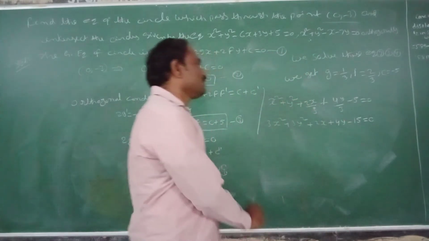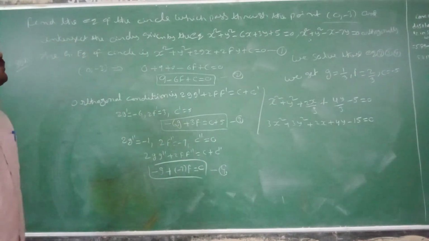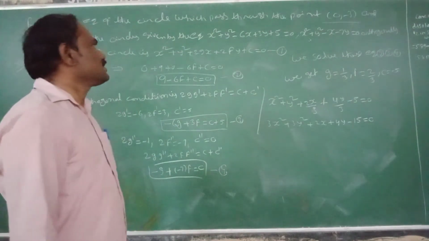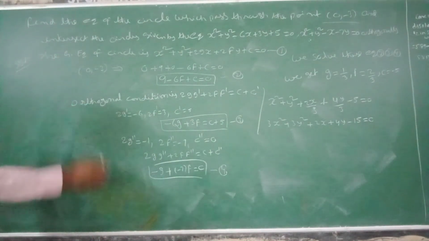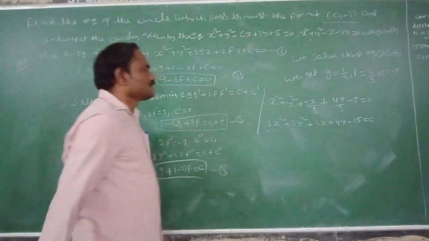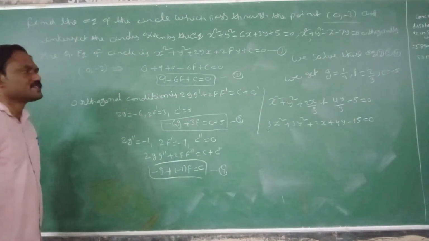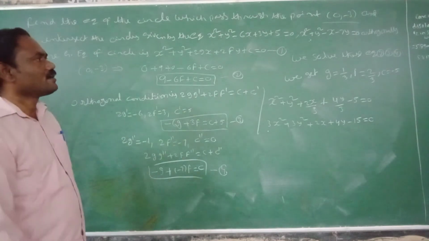This is the required circle which is passing through the given point 0, minus 3 and intersects the given circles orthogonally. That is 3x square plus 3y square plus 2x plus 4y minus 15 is equal to 0. This is the required circle equation.